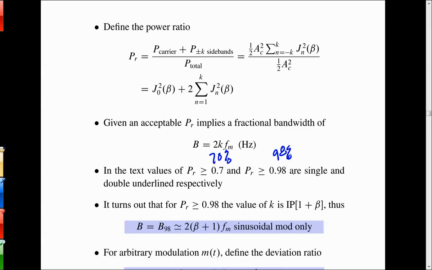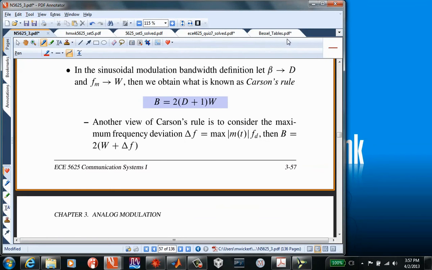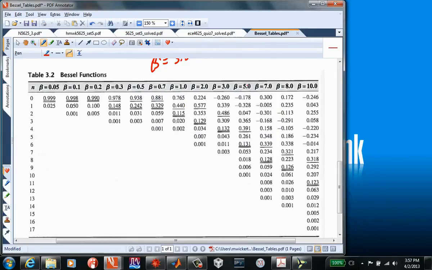And the single underlined is this guy, and the double underlined is the 98%. Remember that table? So in the table, the single underline says that's how many sidebands you need to include to get 70%, and the double underline tells you to get 98% for sinusoidal FM alone.